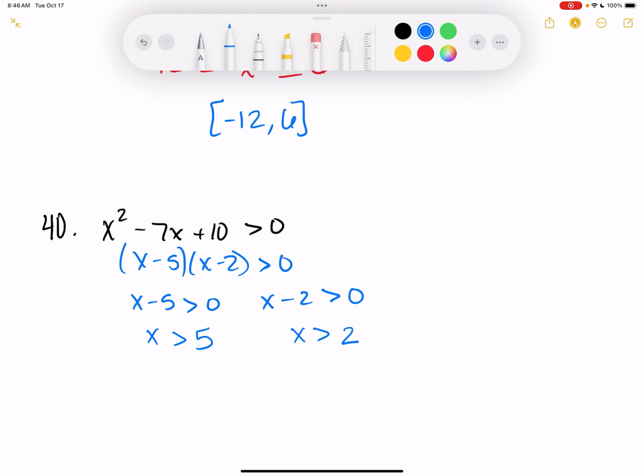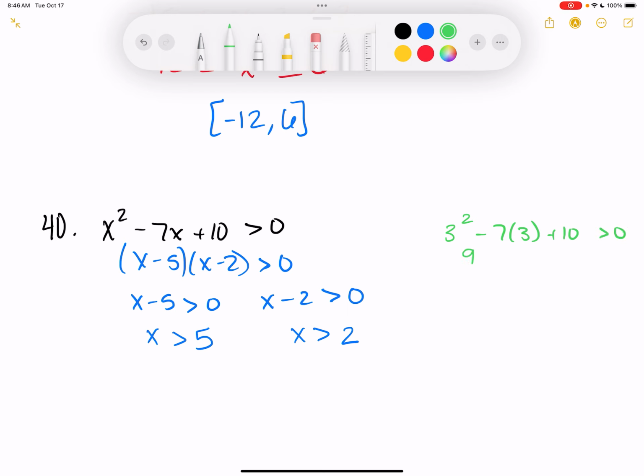Okay. And so if we were to plug in, let's say, 3, we need to find out if it's going to be greater than 0. Because we're going to go with whichever thing is stricter. So if I were to plug in 3 up here, I would end up with 3 squared, and I chose 3 just because it's between 5 and 2. So 3 squared minus 7 times 3 plus 10, and it needs to be greater than 0.